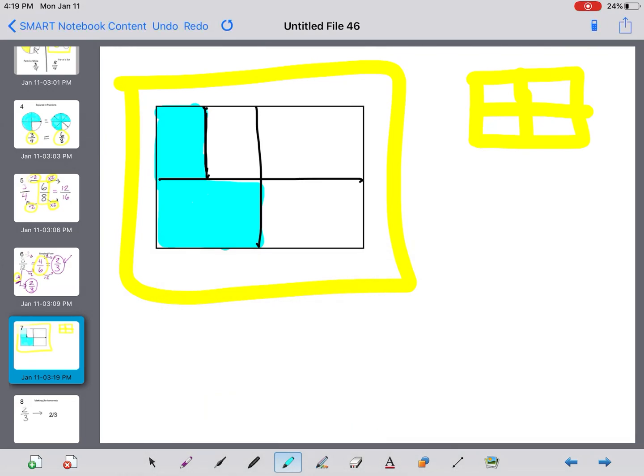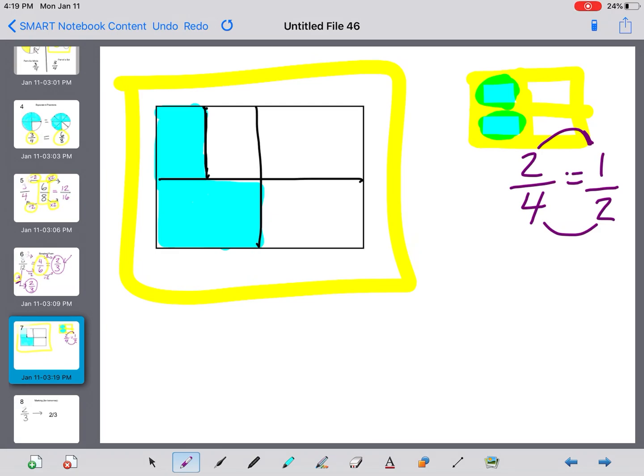I think we can figure it out. If you were given a shape like this, where you had 4 equal blocks and 2 of them were colored in, it would be very easy to look at that shape and think to yourself, well, that would be 2 pieces out of 4, or in simplest form, 1/2, right? You can do 2 divided by 2 to get 1 and 4 divided by 2 to get 2.